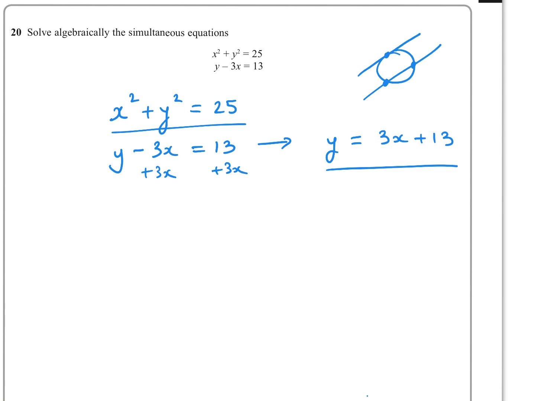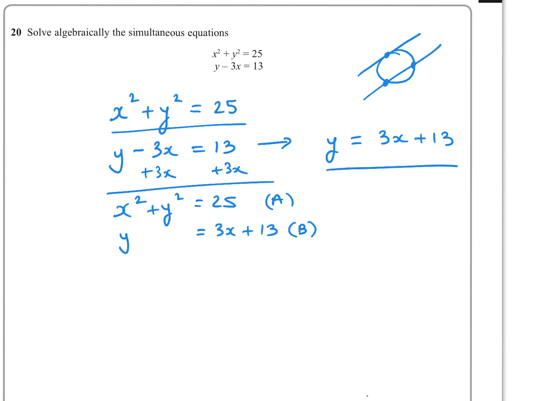So if we just rewrite these on top of each other, call that equation A, and call this one equation B, then what we can see is we have x squared plus y squared is 25. Well, we have this equation here in terms of y, so we can substitute into A. Wherever we see a y, we substitute 3x plus 13.